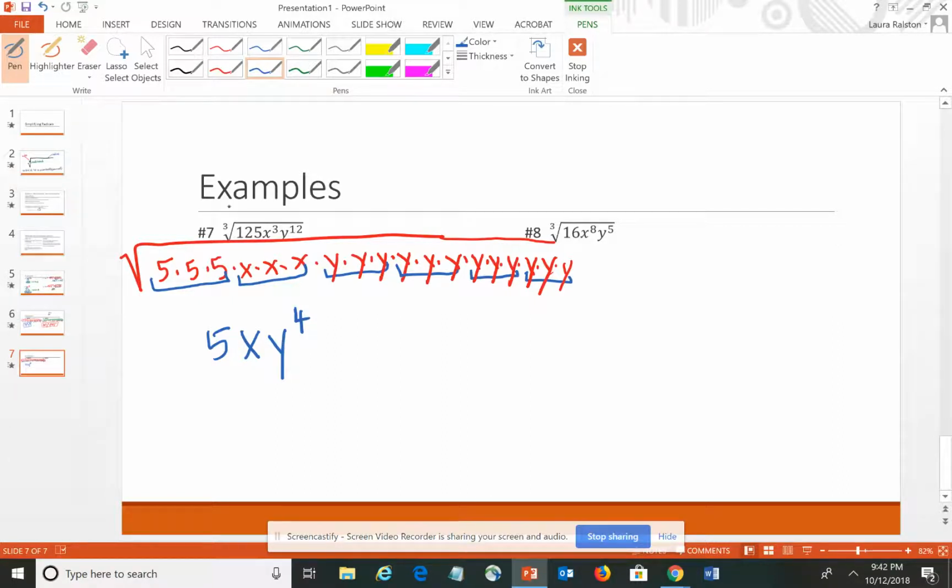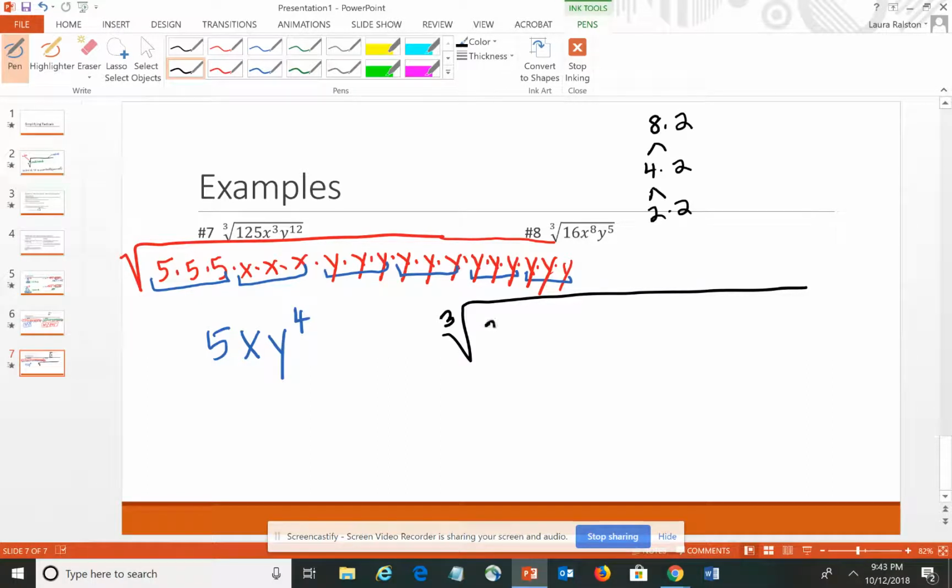All right, and the last one, cube root of 16x to the 8th, y to the 5th. Okay, so let's see what I've got. If I do some scratch work up here, 16 is 8 times 2, and 8 is 4 times 2, and 4 is 2 times 2.